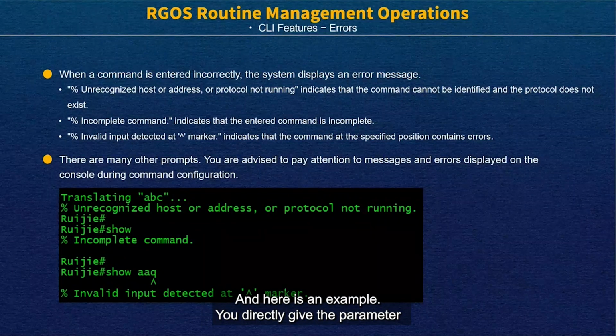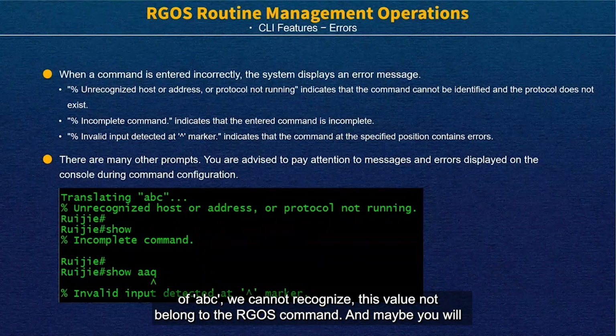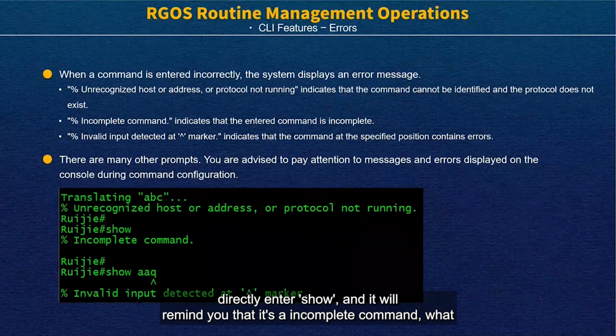For example, you directly give the parameter ABC, we cannot recognize this value, it does not belong to the RGOS commands. And maybe you will use show and directly enter, and it will remind you of an incomplete command.